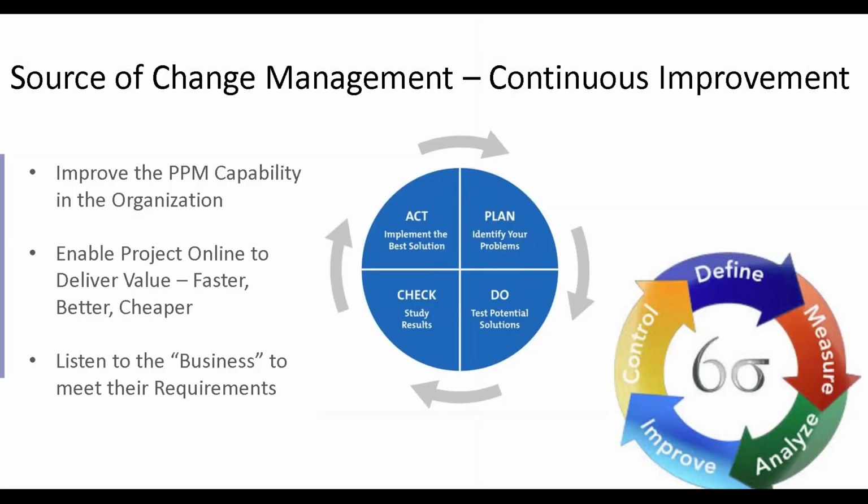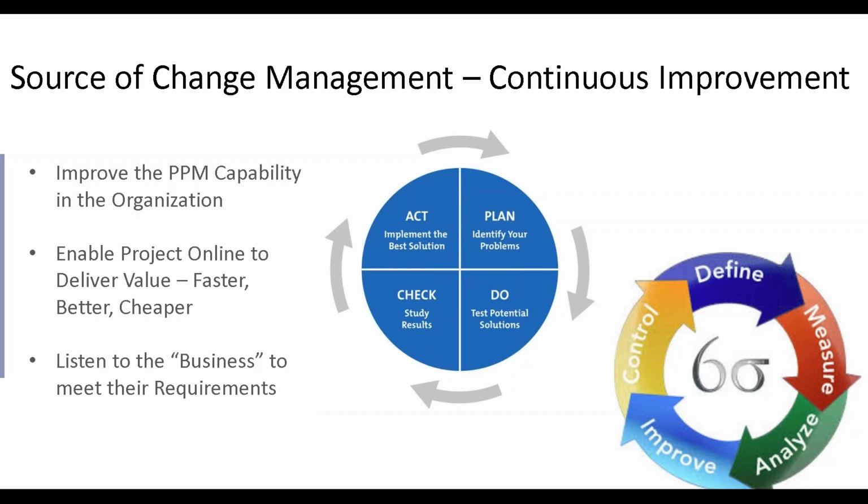So where's the source of change management? Just to put some process rationale behind this. It's really continuous improvement. So the idea is that we're going to start and evolve our PPM capability in the organization, and from that initial configuration that is tied to your requirement set, you're going to improve it over time.